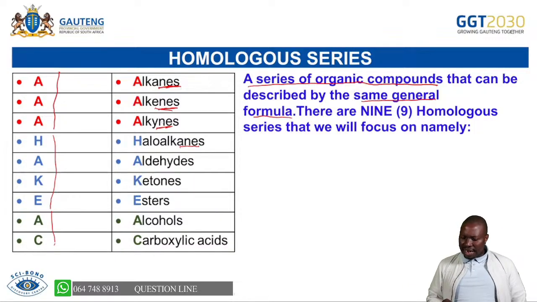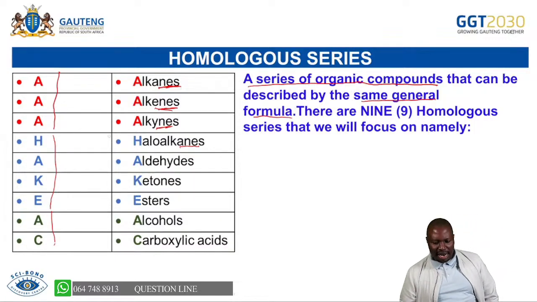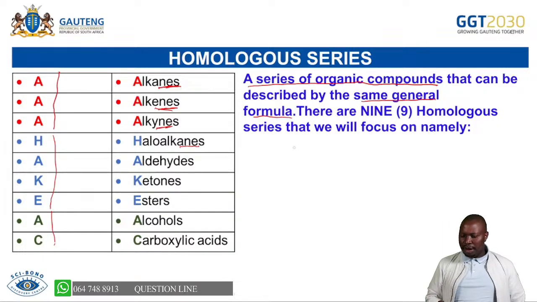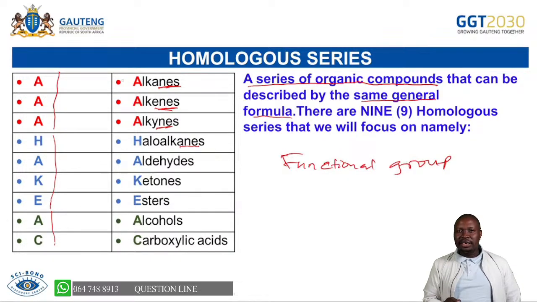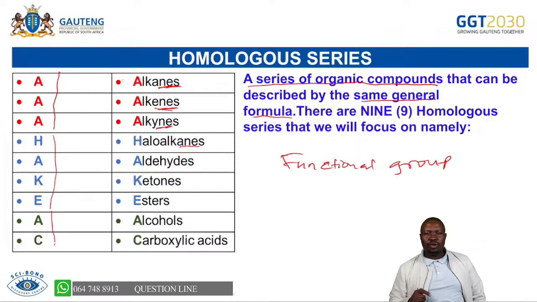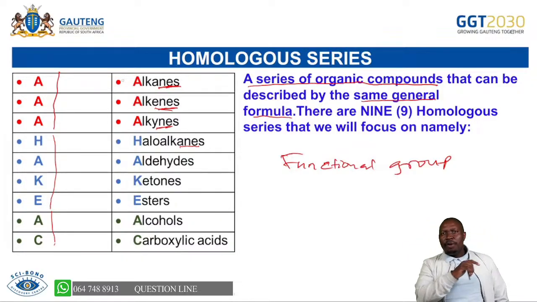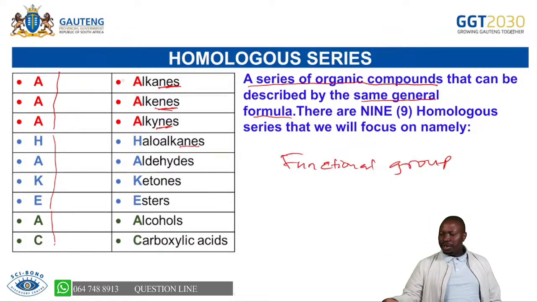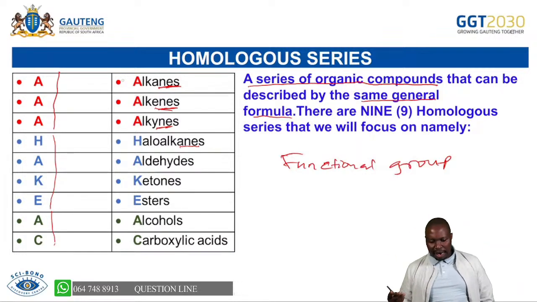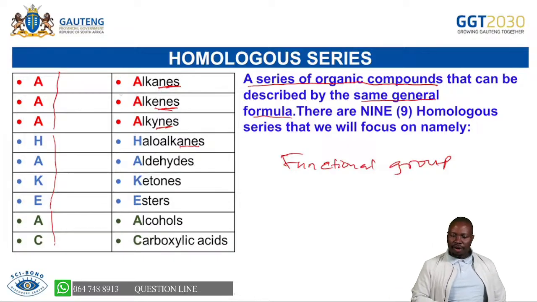There are 9 of them, as I've indicated. How do we differentiate between them? We use the functional group. It is what we use to differentiate one homologous series from another. So as we take this chapter, have in mind that I must know the functional group, because it will tell me which homologous series we are dealing with. I hope you got that, and it will help us as we move forward.